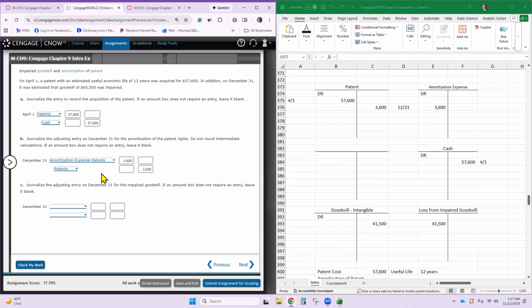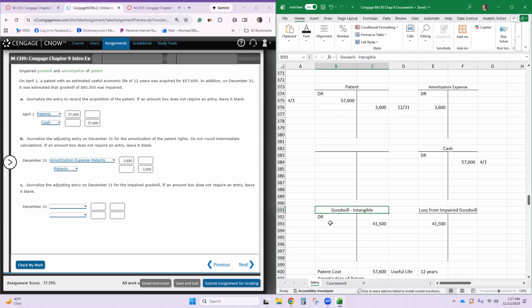Okay. All right, and then finally, the impaired goodwill. Okay, goodwill is kind of like your reputation as a business. Okay, so it says in December, in addition, on December 31st, it was estimated that our goodwill was impaired. Okay, impaired. Well, we're going to have goodwill as an intangible asset.